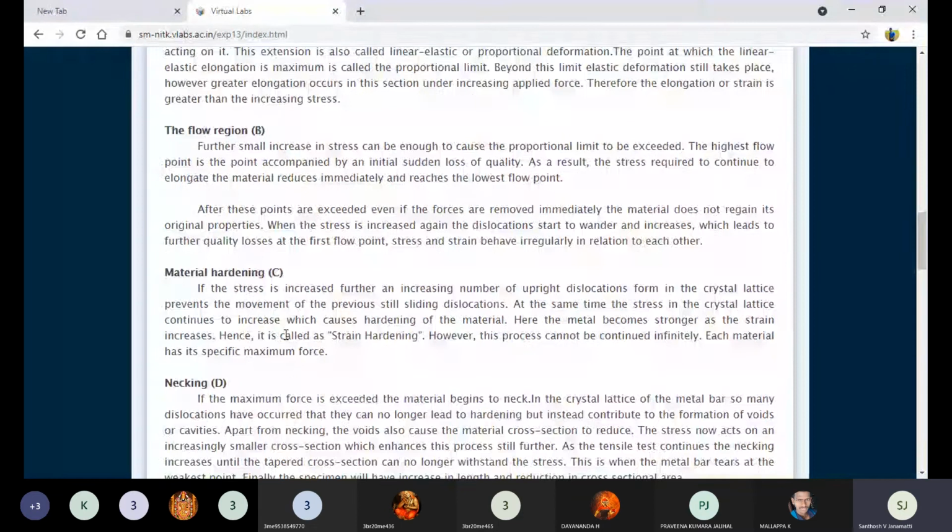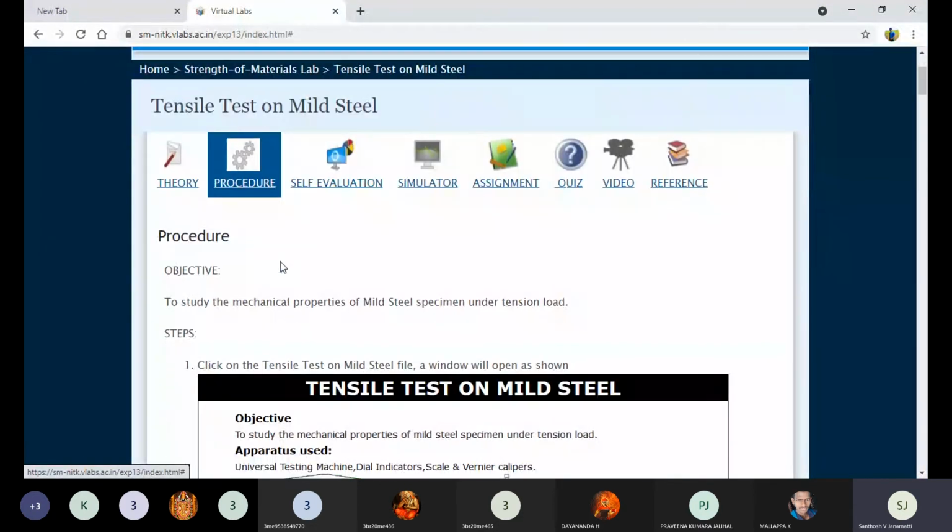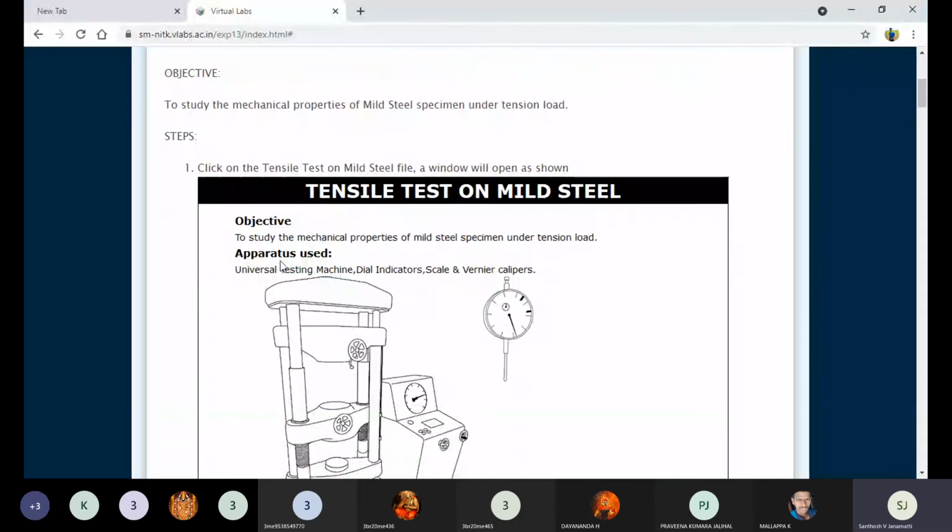So before conducting the experiment, now I will directly go to the procedure. How do we conduct this experiment to study the mechanical properties of the mild steel specimen under tensile load? Tensile load means both the ends are held and pulled away from each other, right?